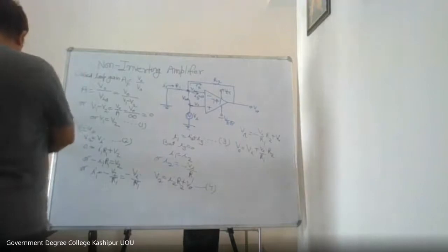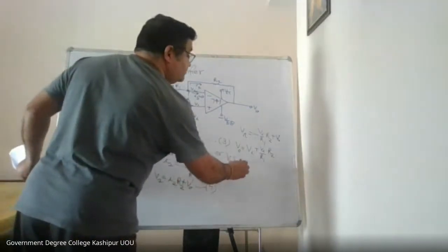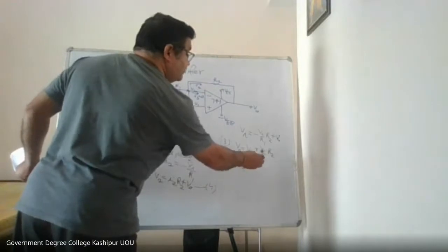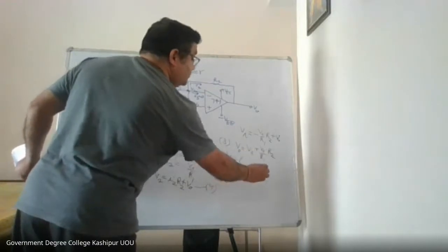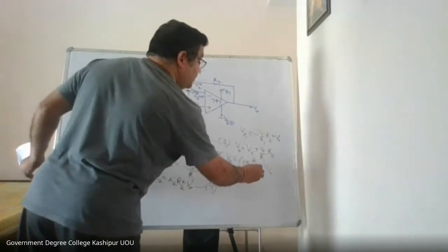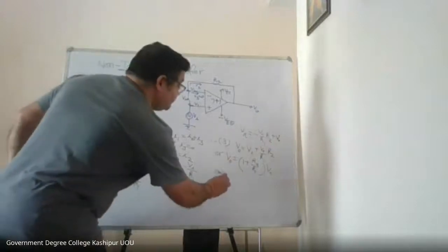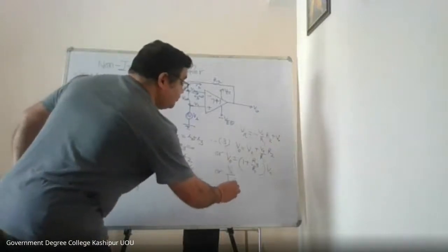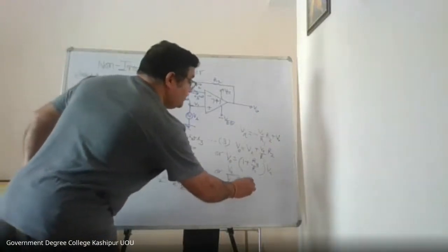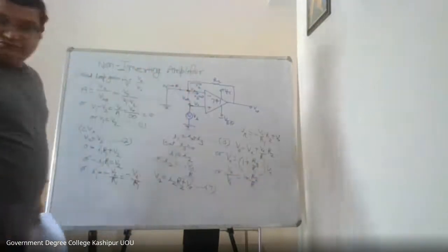Or we can write VO equal to, take common Vi from this. So it will be 1 plus R2 upon R1, or VO upon Vi equal to 1 plus R2 upon R1.